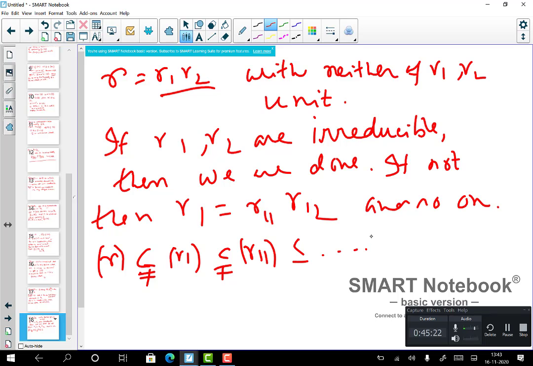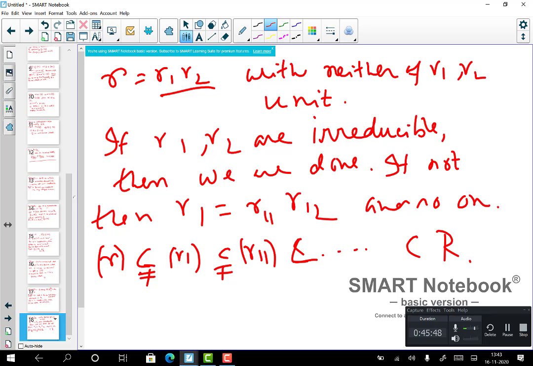This is going on and on and on. These are all proper ideals. Okay, so what does that mean? That means if this process does not terminate, then you are getting an infinite chain of ideals. Okay, now I will prove that this cannot be possible. This is a contradiction inside a principal ideal domain.